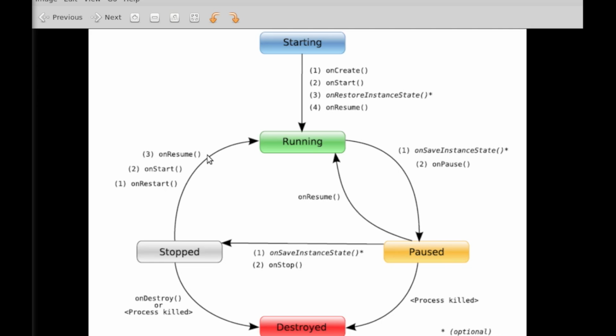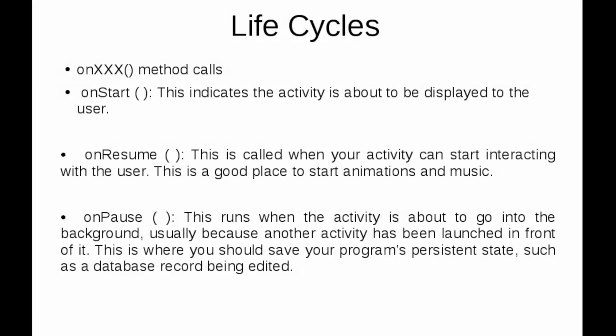So before terminating the application, the data needs to be stored in a persistent state. That's why it is recommended to write some persistent state storage in the onPause method.